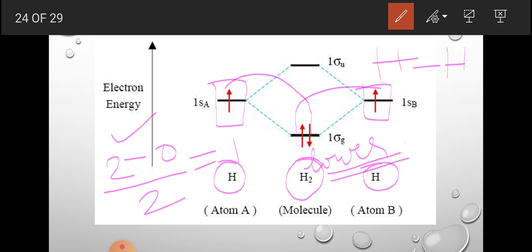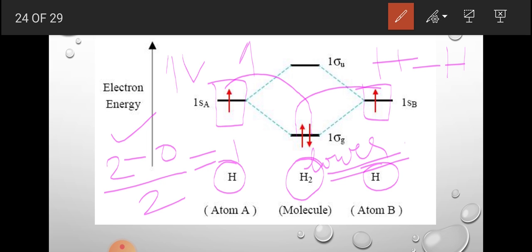You have to remember, children, if electrons are always paired, the molecule is said to be diamagnetic, and if electrons are unpaired, we say that the molecule is paramagnetic. There is a formula to calculate the magnetic moment.